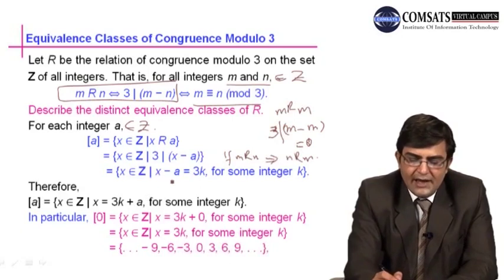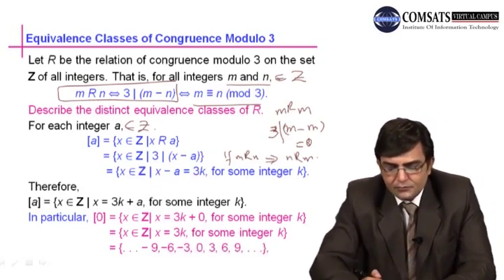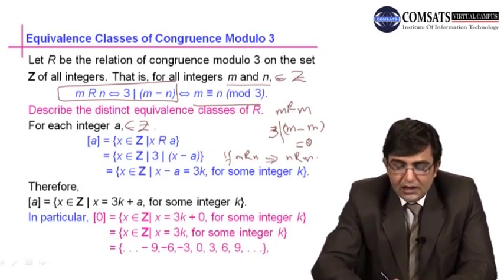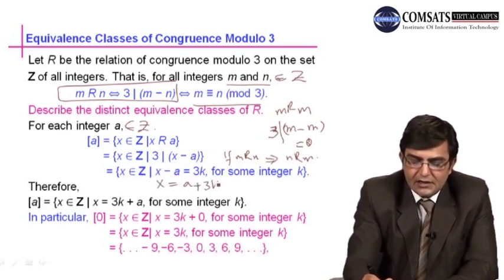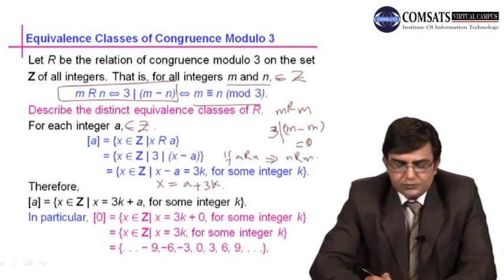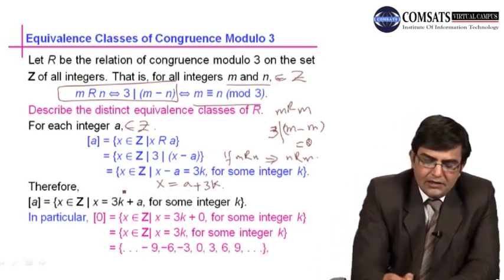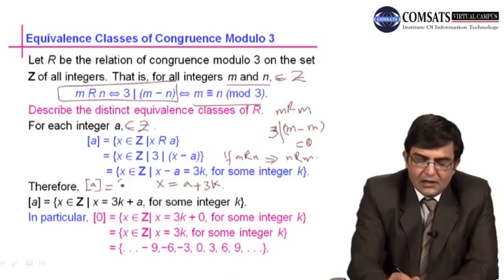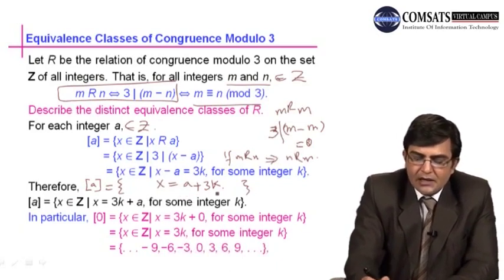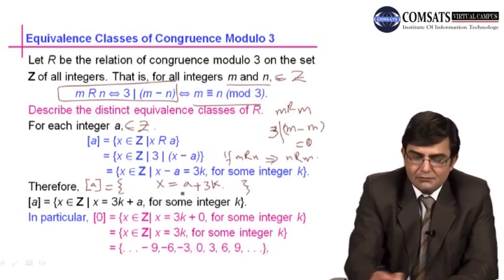What does it mean? x minus a is a multiple of 3, or we can say that x is equal to a plus 3k. Now the equivalence class of a basically contains all those integers which are multiples of 3 plus a.